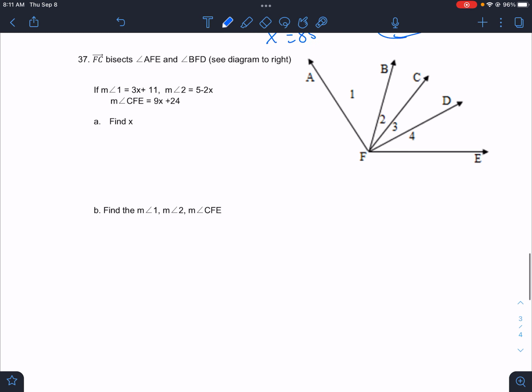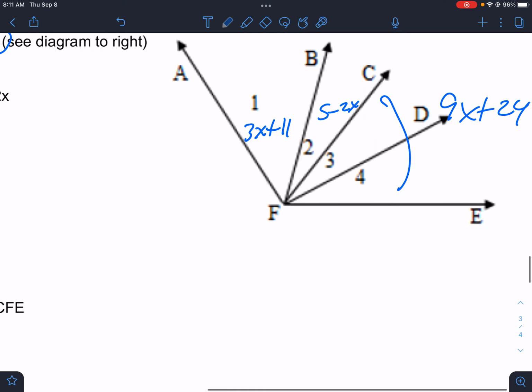All right. Measure of angle 1 is 3x plus 11. Measure of angle 2 is 5 minus 2x. Measure of angle CFE, all of that, is 9x plus 24. And they tell us that FC is a bisector. So all of this is equal to all of this.